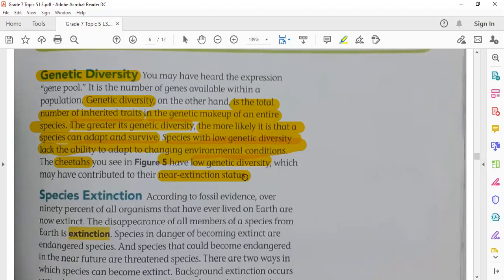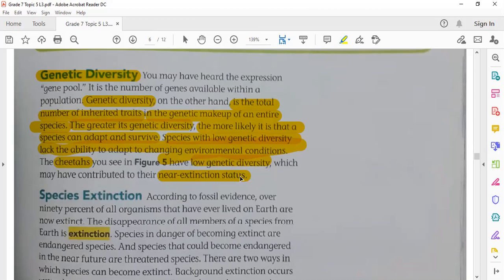These cheetahs are threatened because they have a low genetic diversity. They may become extinct or disappear because their genetic makeup is very low in diversity. So if the environmental conditions change, they will not be able to adapt.